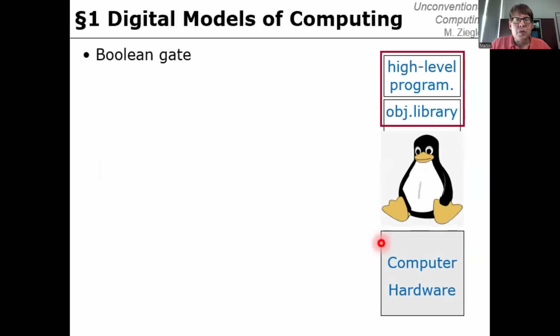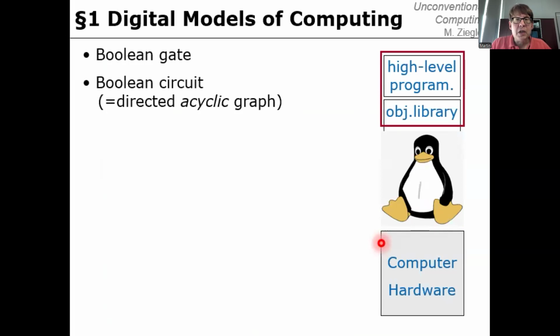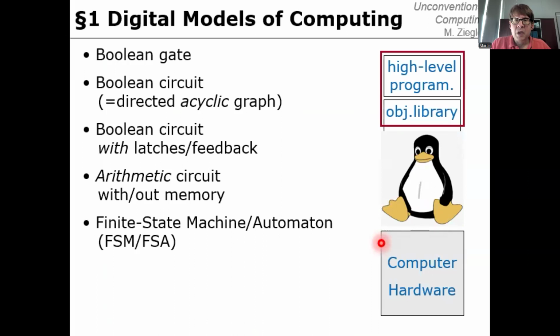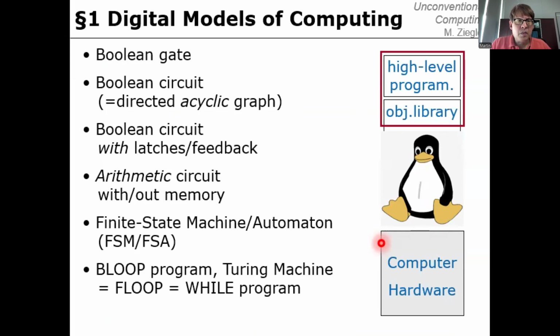And these models include Boolean gates, Boolean circuits, with and without memory, arithmetic circuits with and without memory, finite state machines, and Turing machines, which are equivalent to while programs, also known as FLOOP programs, but not as powerful, but more powerful than BLOOP programs. BLOOP programs have bounded loops, FLOOP programs and while programs have unbounded loops. And then there are high-level programming languages.